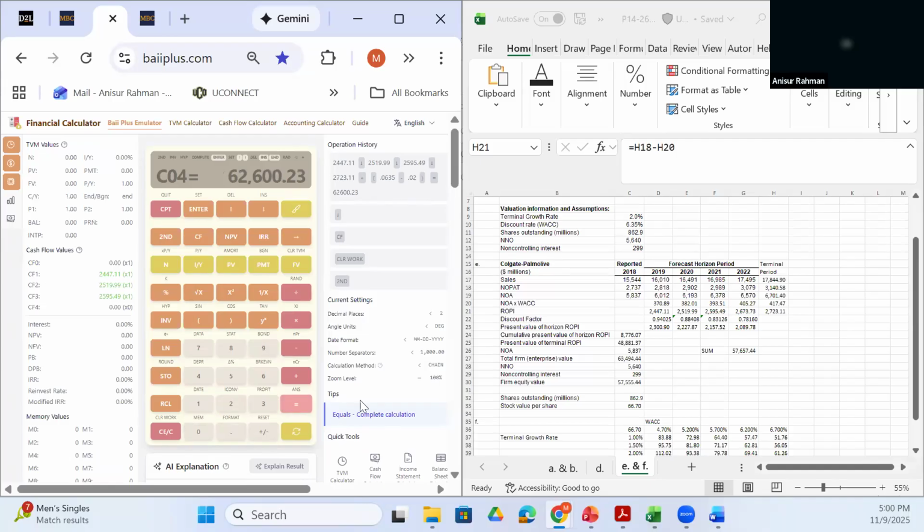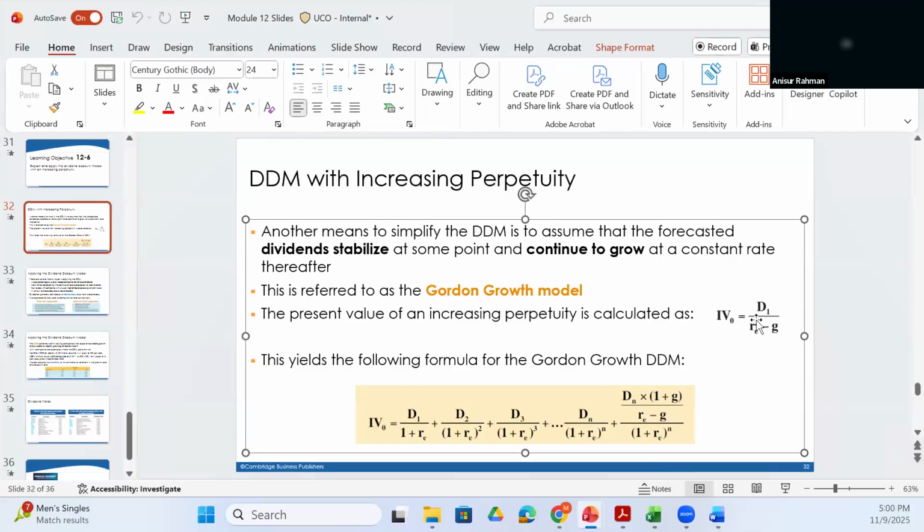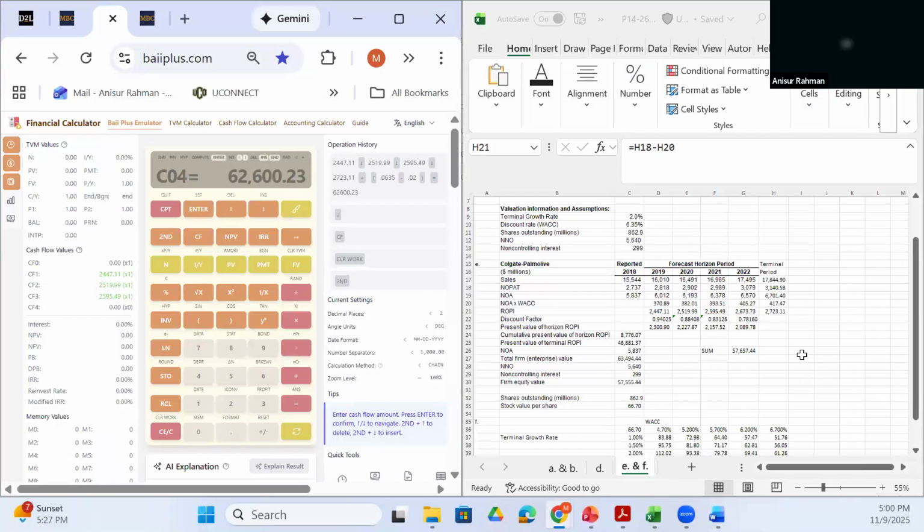So this is how much we got from this formula. Let me quickly check here.